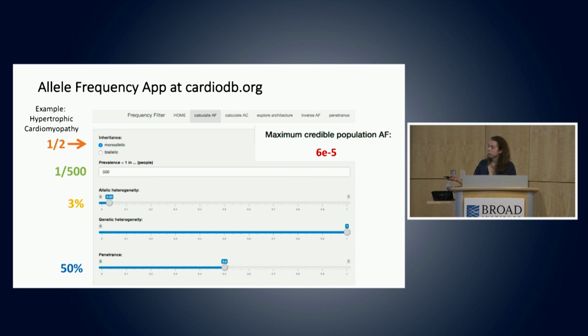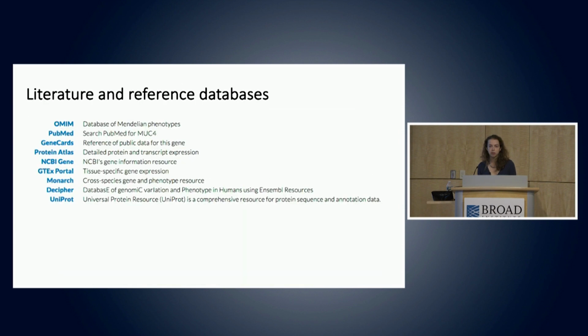So they put 3% for their allelic heterogeneity, and they put the penetrance of the condition at about 50%. That gives a maximum credible allele frequency of 6 times 10 to the minus 5, which is much lower than the 1 times 10 to the minus 3 that we generally use for dominant filtering. So if you're really thinking about a specific disease area for those doing cohort studies, this is something worth investing some time into.